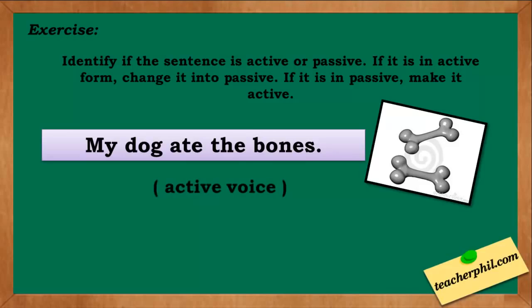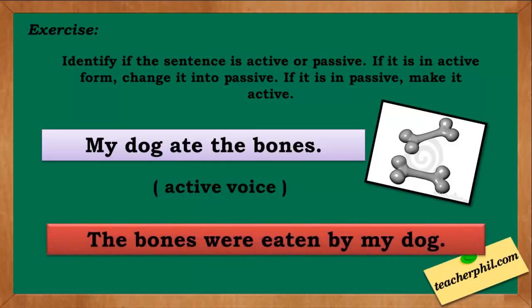Answer: active voice. Since it is in active voice, change it into passive. The answer is: the bones were eaten by my dog. We now have first the subject, which is also the receiver of the action, plus the verb eaten, plus the doer, my dog.